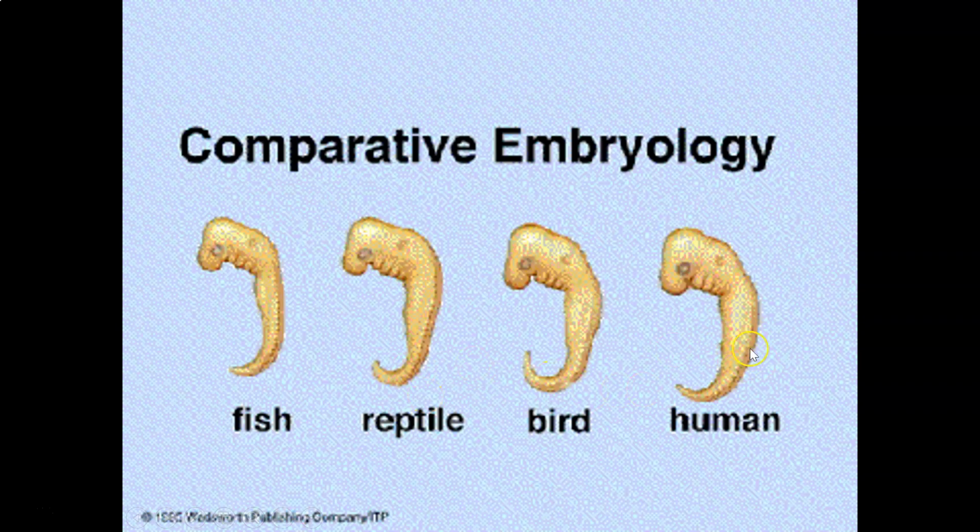Ours eventually shortens up and becomes our tailbone. Some of us keep it. We also all have these gill slits. So fish, they ultimately stay as gills. But actually in humans, we adjusted and mutated our genetic material somewhere along the way, and they actually become the bones of our inner ear, which is pretty cool.